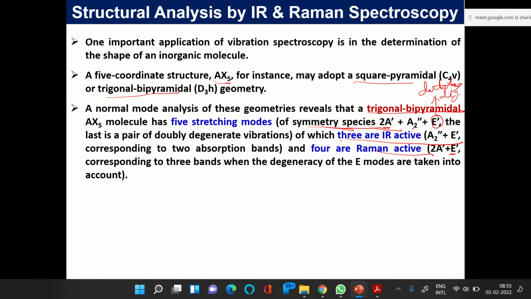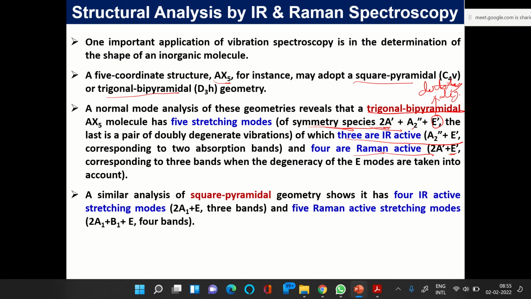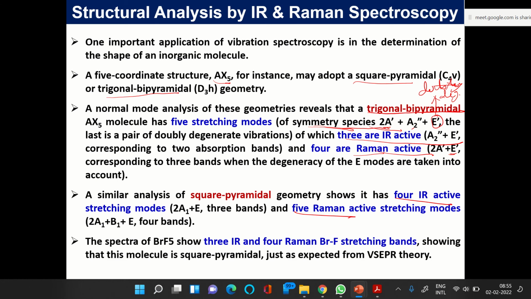So if the AX5 molecule has a TBP structure, we should get 3 IR bands and 4 Raman bands. If it is square pyramidal, the same analysis tells you that you should get 4 IR and 5 Raman bands. So what we actually observe, if you take an example of BrF5, is that 3 IR and 4 Raman bands are observed.